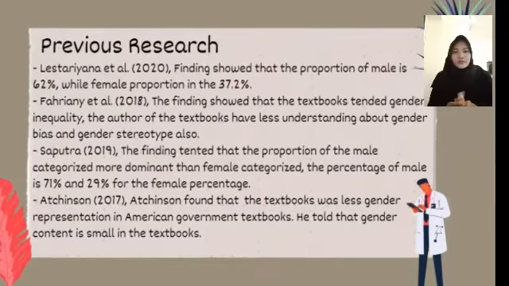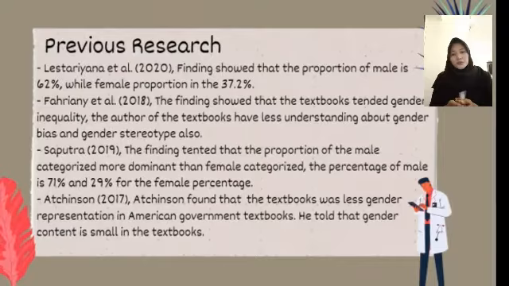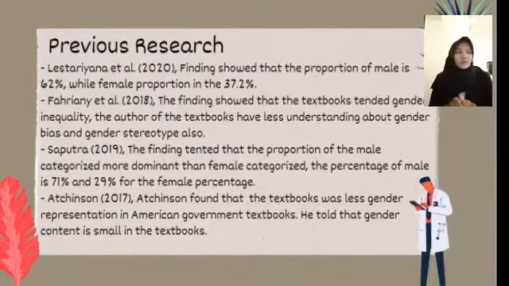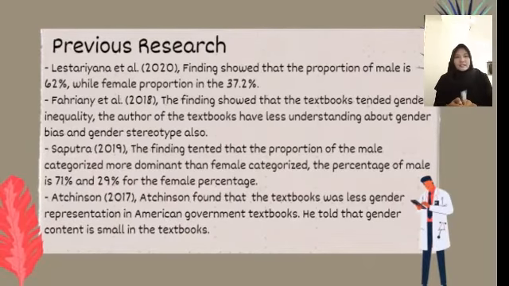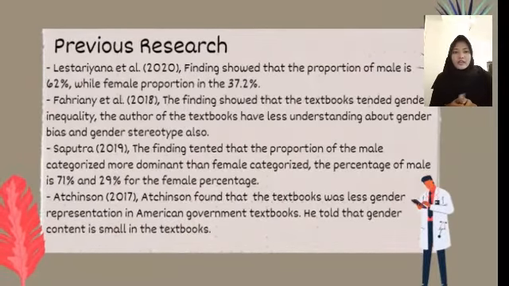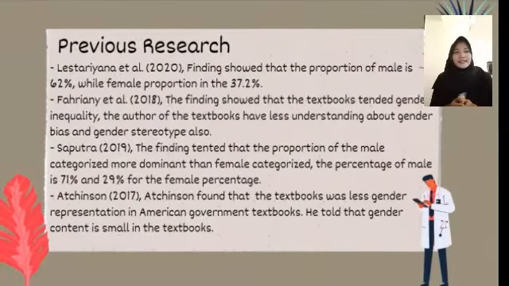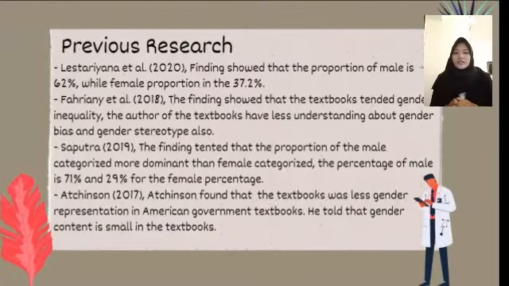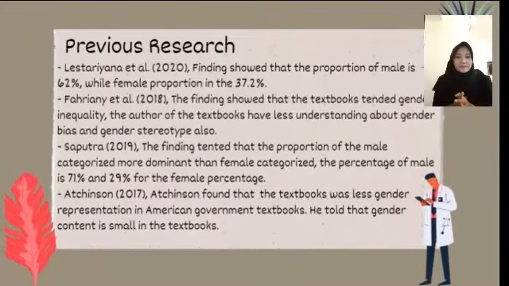The other previous research is from Fahriani et al., 2018, whose findings show the textbook has gender inequality. And the other research was conducted by Saputra, 2019, whose finding is that the proportion of male categories was more dominant than female categories.